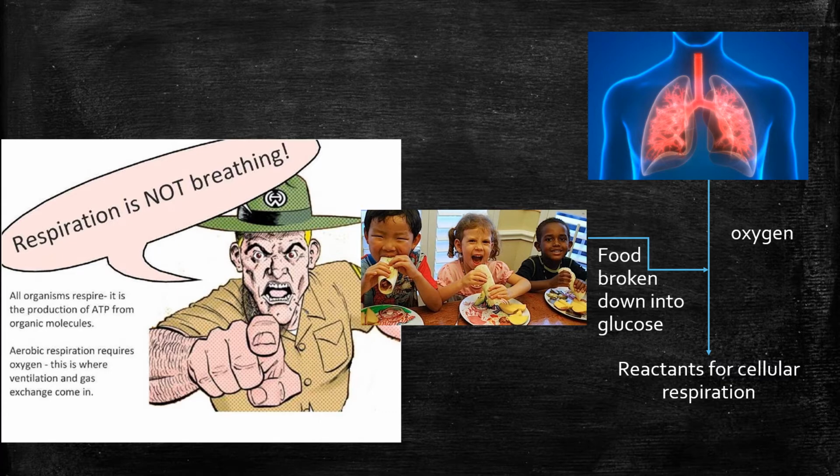The breathing part is important, because as we breathe, we take in oxygen, which we've already said is an electron acceptor, and so that is key in cellular respiration. And then we get our glucose from the breakdown of food that we eat. So oxygen and glucose are reactants for what we call cellular respiration.